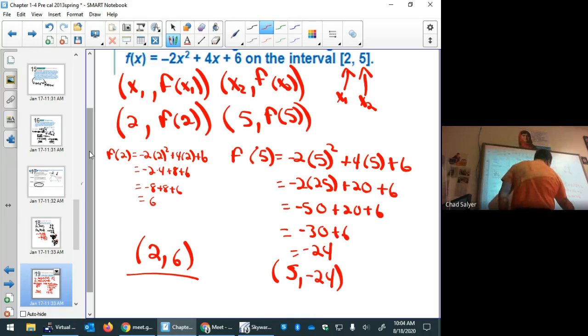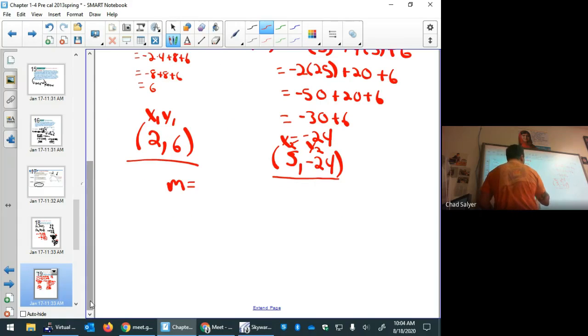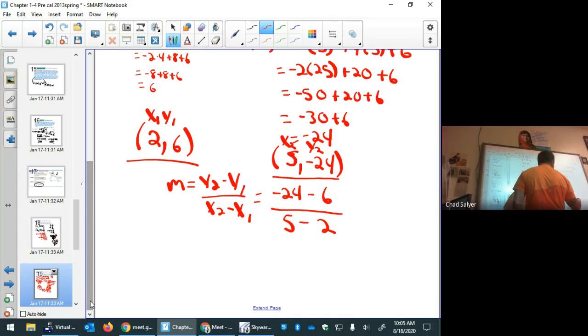Now we've got 2 points to put into our slope formula. This is our x1, y1. This is our x2, y2. And remember that m equals y2 minus y1 over x2 minus x1. One of the few formulas that's really worth remembering. So y2 is negative 24 minus y1, which is 6, over x2, which is 5, minus x1, which is 2.